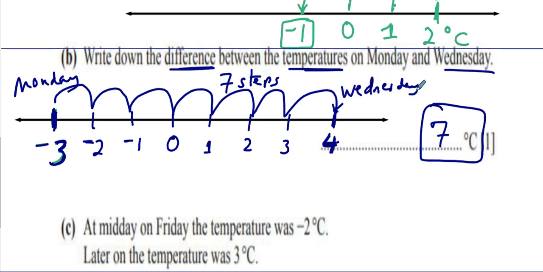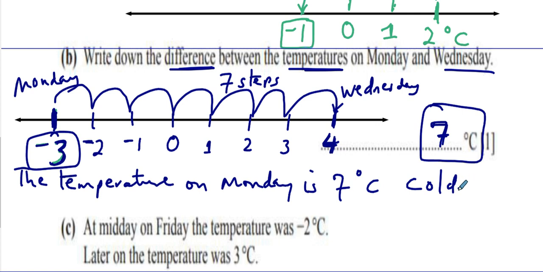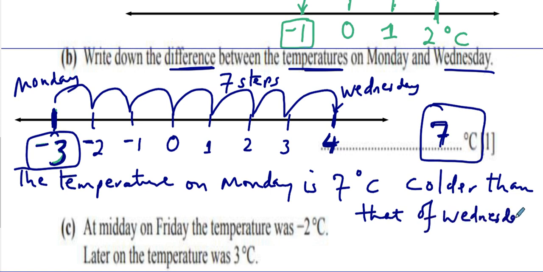Now, when you say the difference is 7 degrees centigrade, it means that the temperature on Monday, this temperature here, is 7 degrees centigrade colder than that of Wednesday. That is what it means.